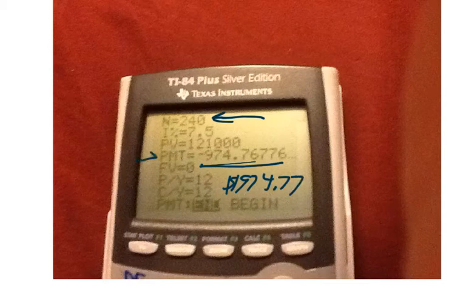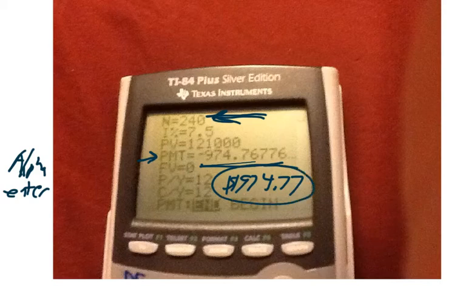To get this, you put your cursor over here, and once again hit alpha and then enter, and it will show you the payment after you change this to 240.